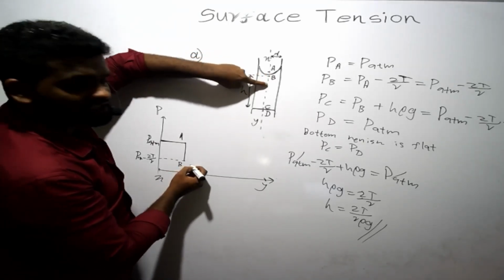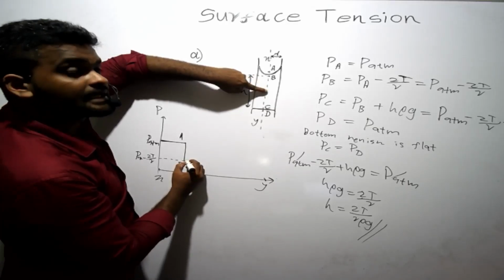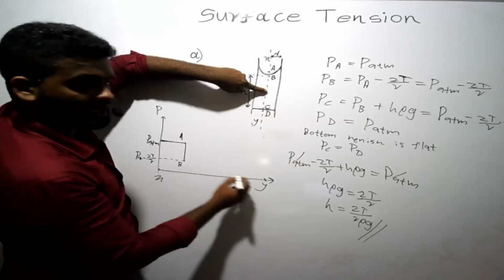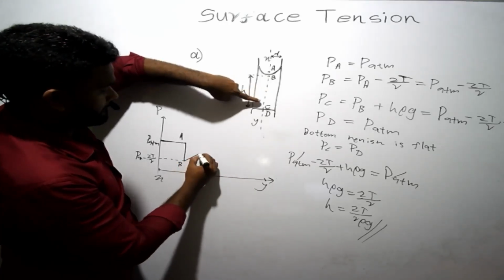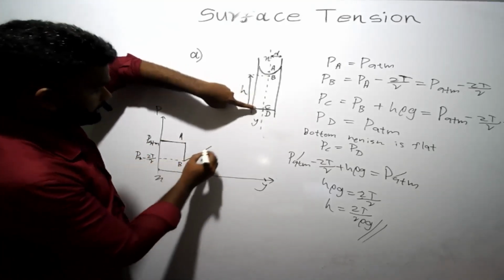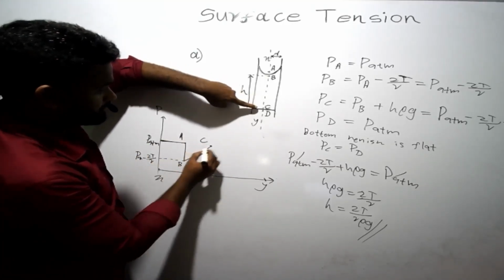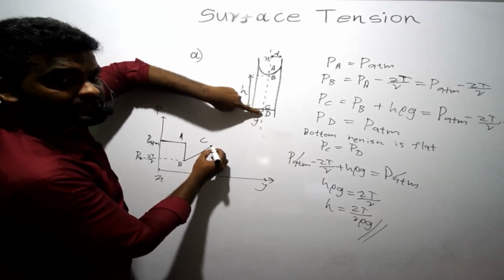As you go down in a liquid, hydrostatic pressure gradually increases with the height, like this. Then this is C. We know that at C and D, pressures are equal, right?